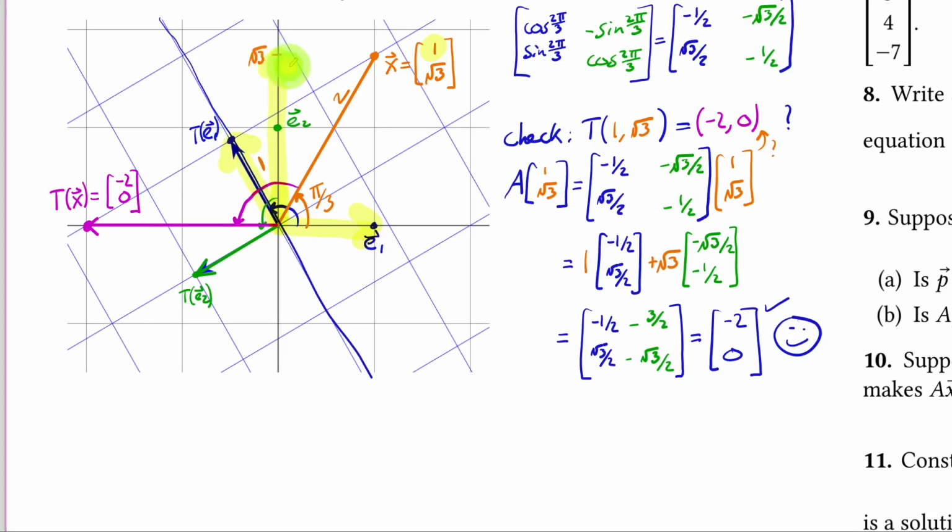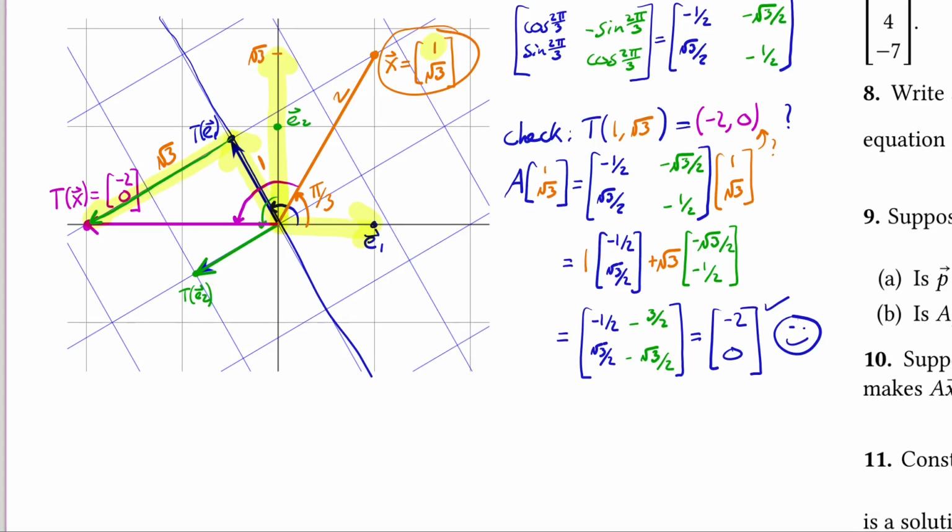The x2 component is the square root of 3. If you do that square root of 3 times T of e2, it's like you're adding this vector here. And the components of the vector that you start with, the x, tell you where the output is going to be on this rotated grid.